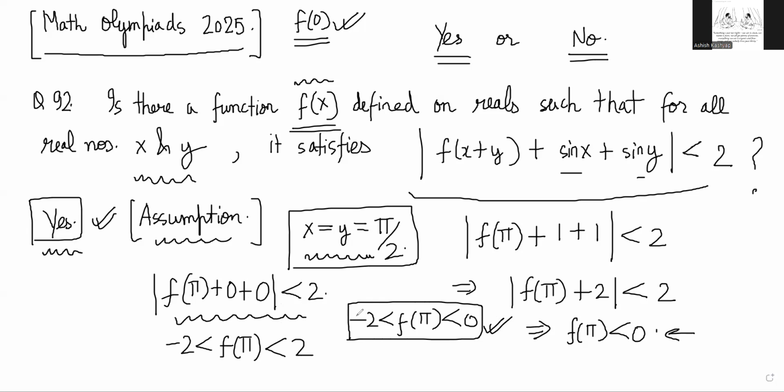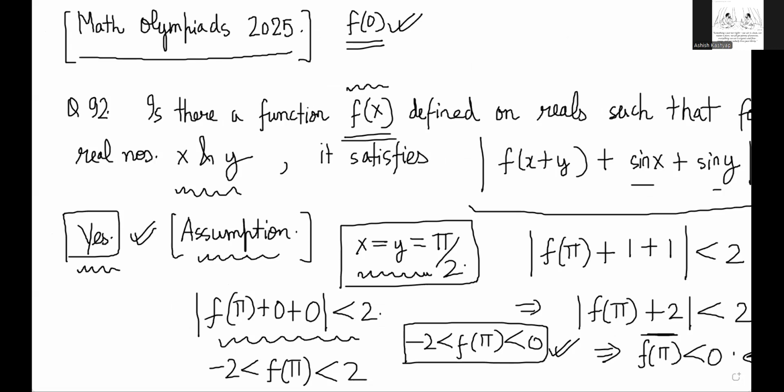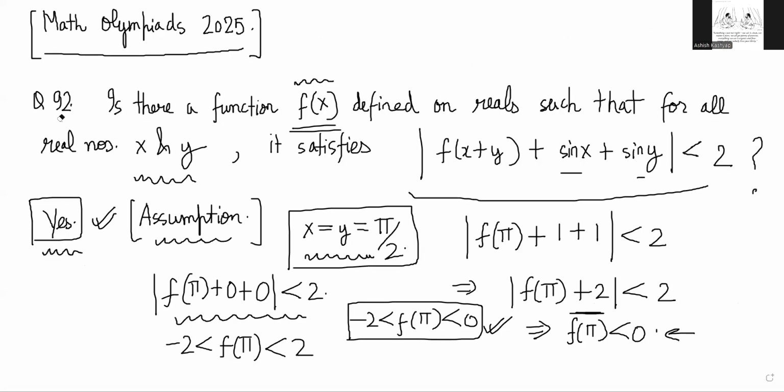So the idea is this, that we are testing some different values of x and y to try to get some information about f of pi, right? So let's test one more value and see if we can get something more. For example, if you test x is equal to 3 pi by 2 and y is equal to minus pi by 2, these are also real numbers. f of pi plus 3 pi by 2 minus pi by 2, right?